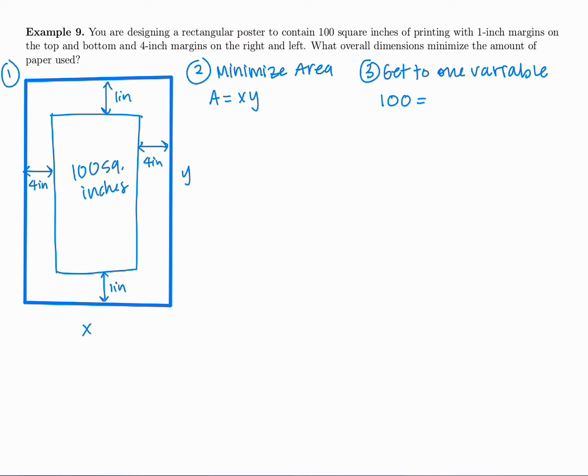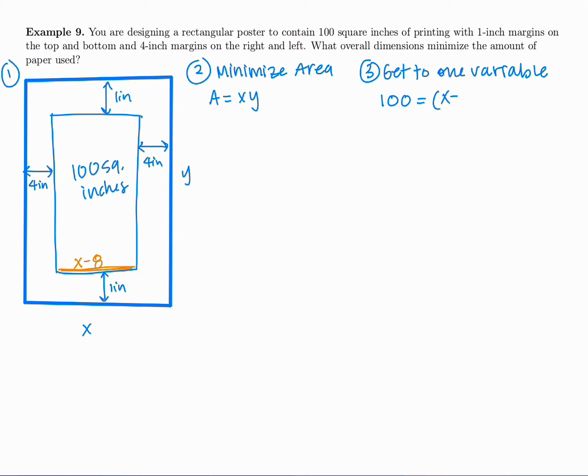It's X, take away this margin, take away that margin. So this little piece in here is going to be X, take away 4, take away another 4. So I can think, make it another color. This is going to be X minus 8, this distance here. All right, and then so that's X minus 8.